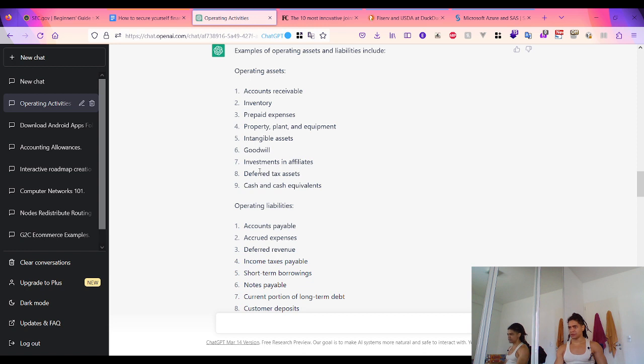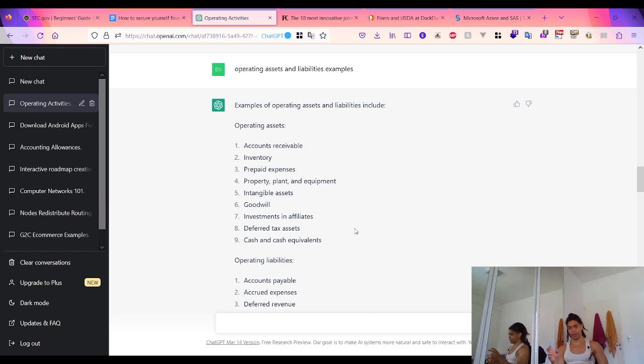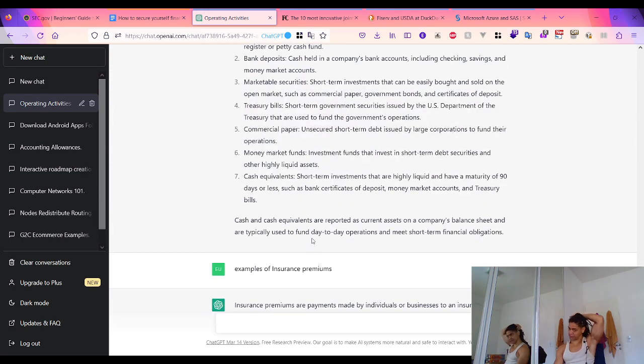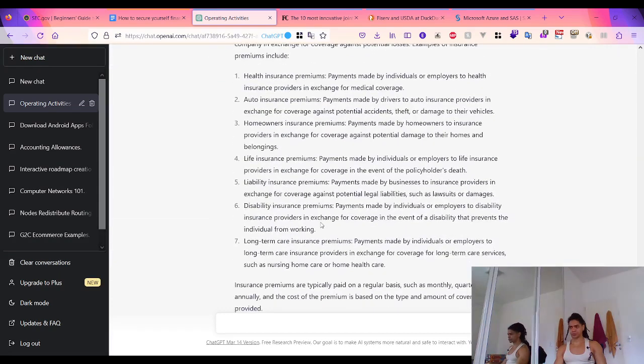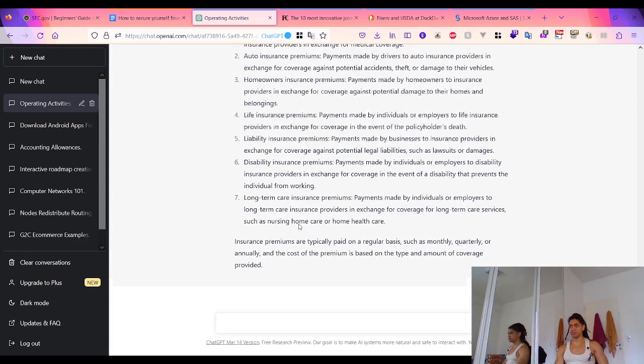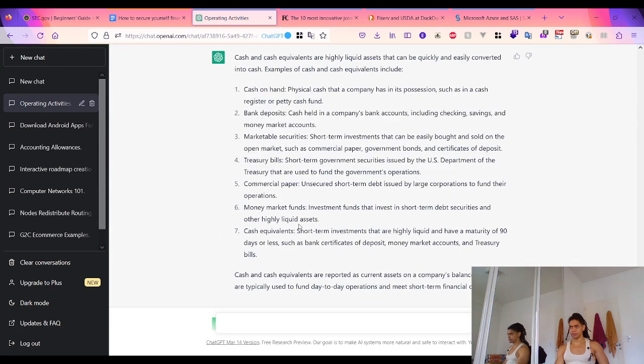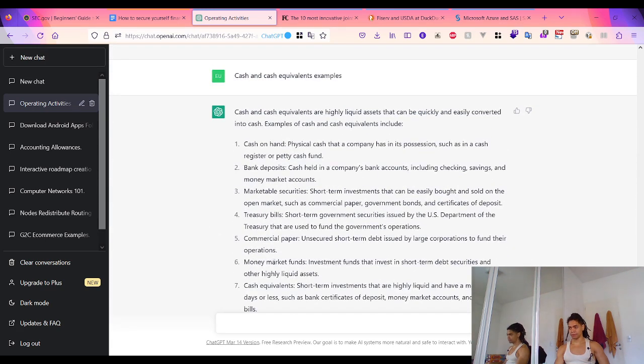Investment in affiliate, deferred tax assets, and cash equivalents, such as bank deposits and money market funds, where this is a financial instrument that invests or purchases. It involves the purchase and sale of large volumes of very short-term debt products such as overnight reserve or commercial paper. Okay, so this is a money market fund.